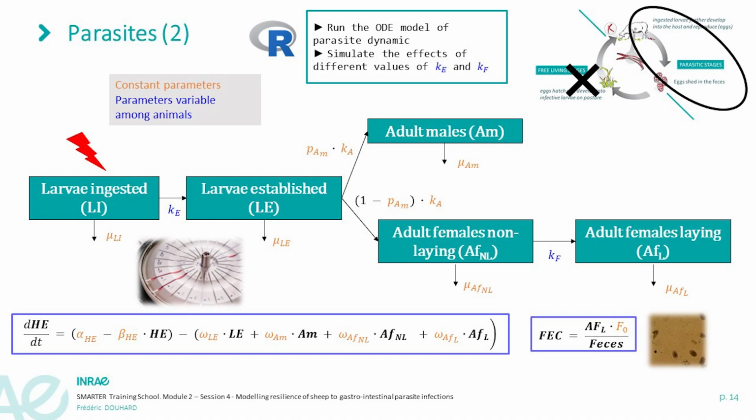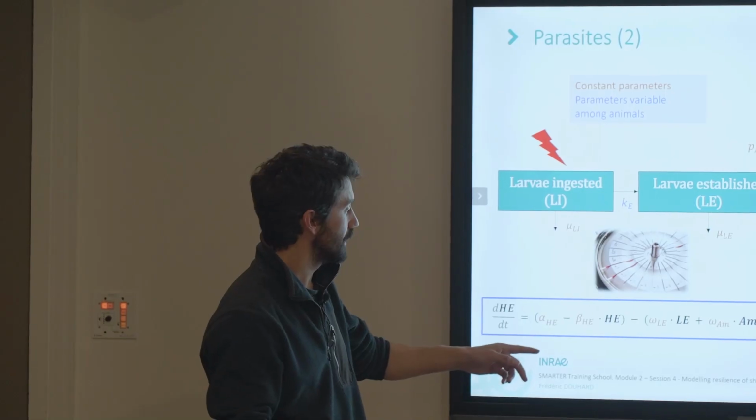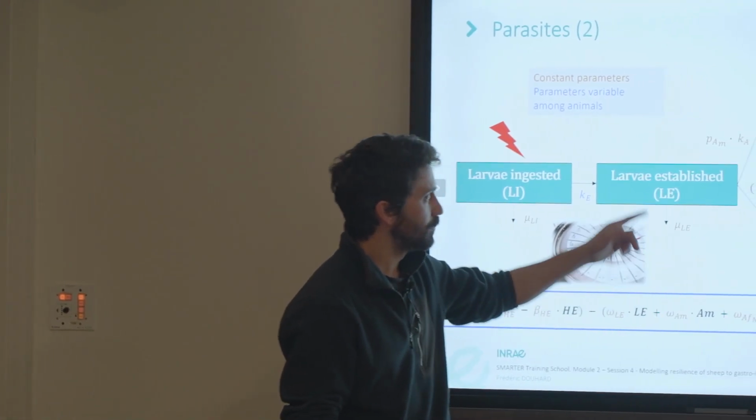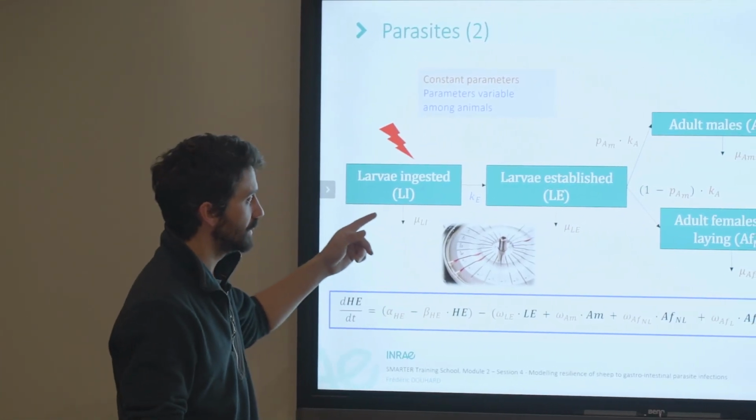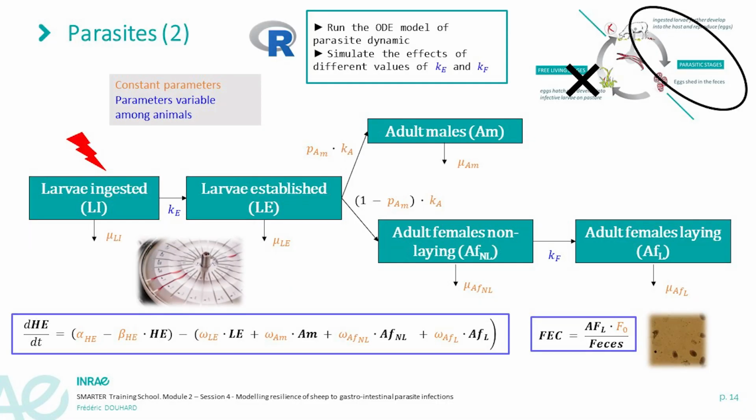Because, as I told you, it's very heavy to count the number of parasites that are actually in the sheep, because you need to kill the animal. But we have the observations, the fecal egg count and the blood hematocrit. And basically, we will say that the variation in blood hematocrit is proportional to the number of parasites that are in the host. And each parasite stage will have an effect on blood hematocrit.